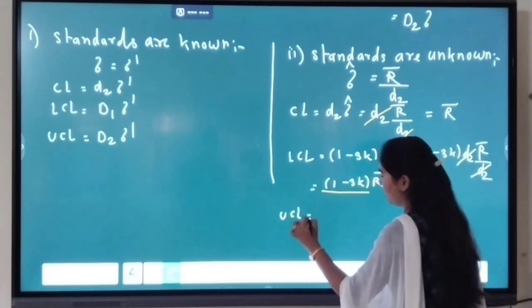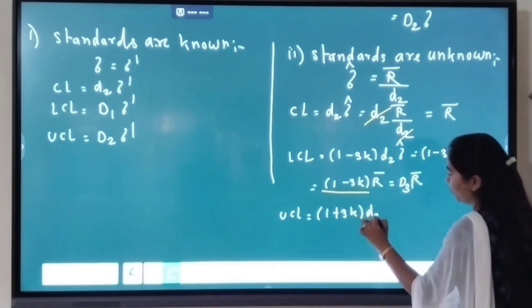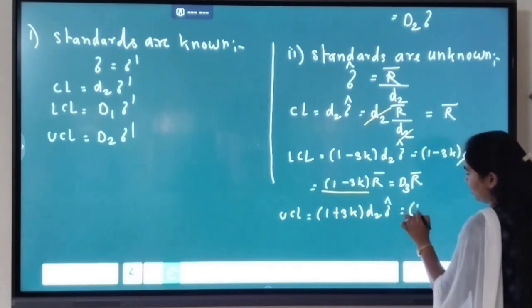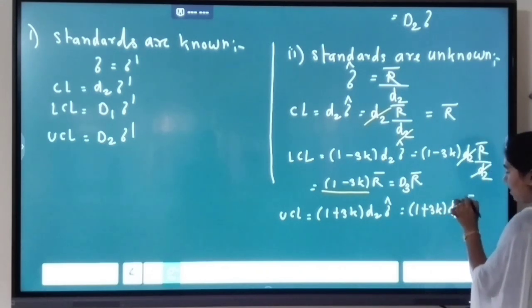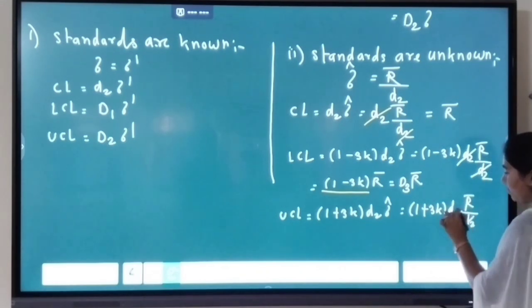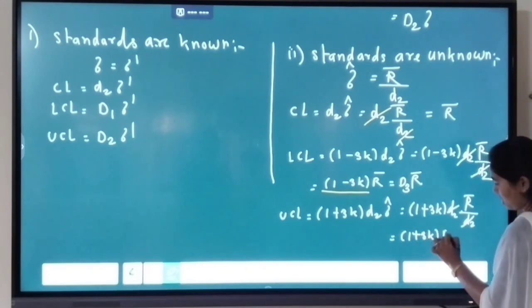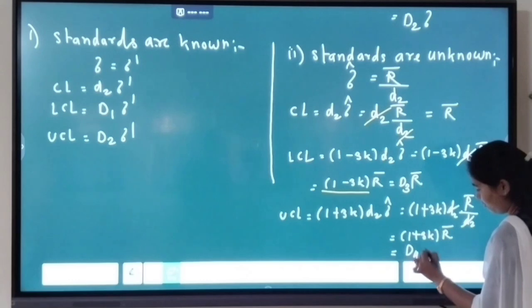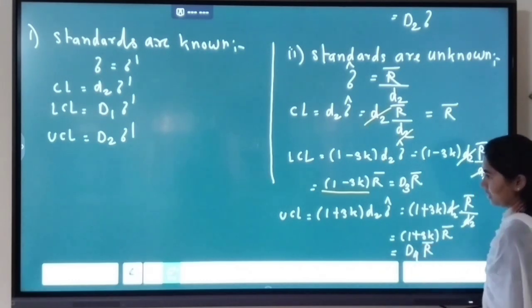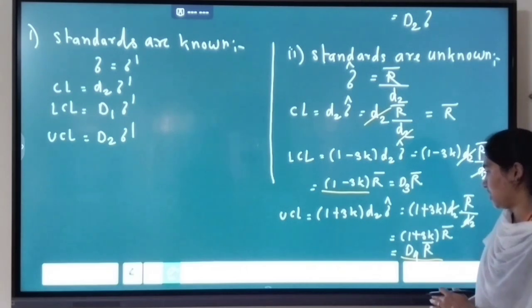UCL is (1 plus 3k) d2 sigma hat, that is (1 plus 3k) d2 times R bar upon d2. Again d2 gets cancelled, we get (1 plus 3k) R bar, and we denote 1 plus 3k as the next constant D4, so UCL is D4 R bar. These are the upper control limits of the R chart.